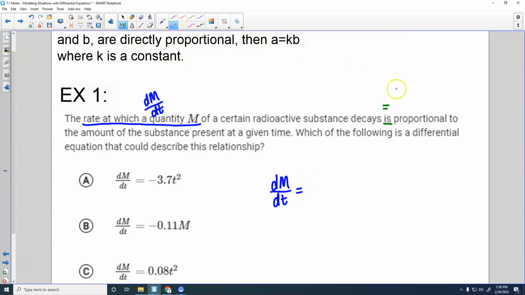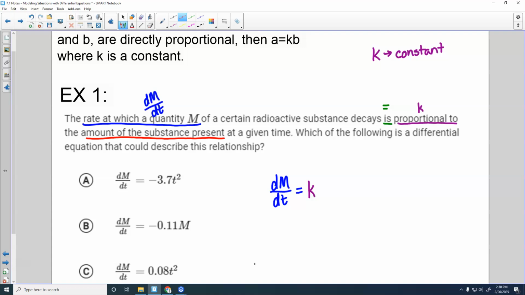And when you see that something is proportional to, that means some constant times another value is going to give you that expression. A lot of times I use a K right here, but K is just any constant. You'll see in our answer choices they don't put a K here. And then the last part, it's proportional to the amount of substance present.